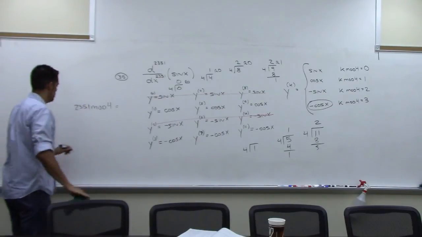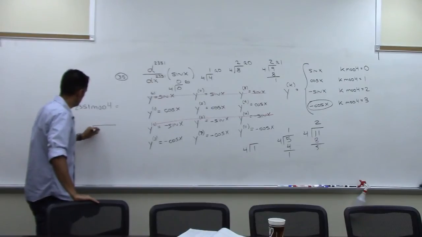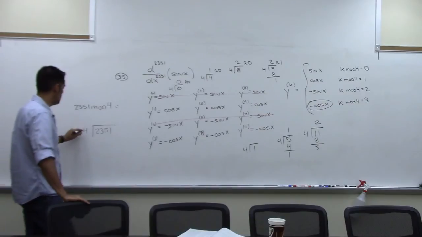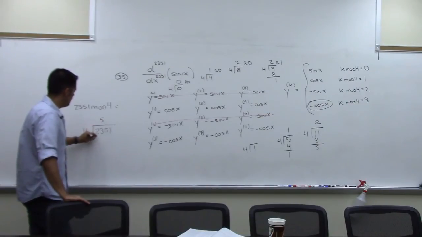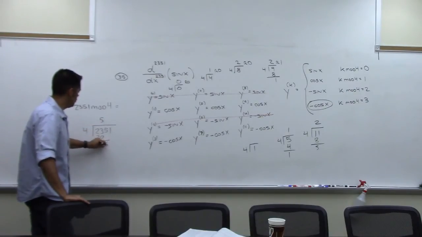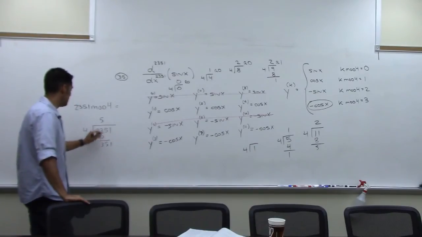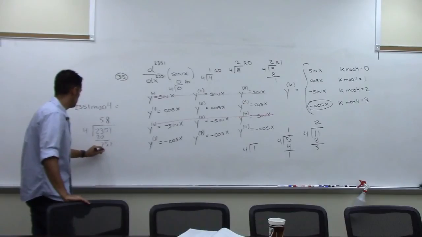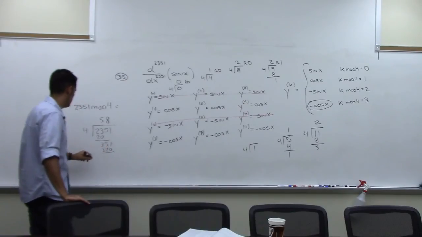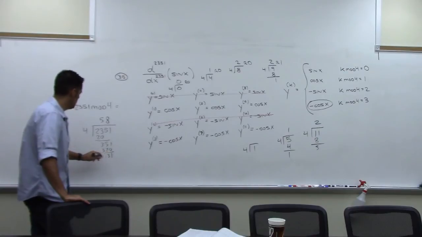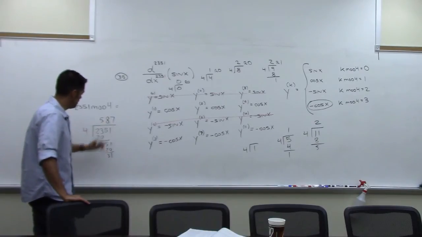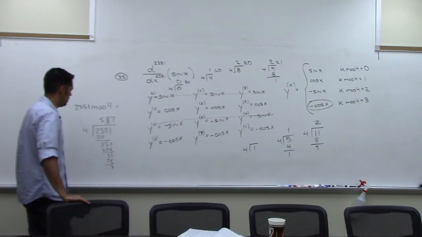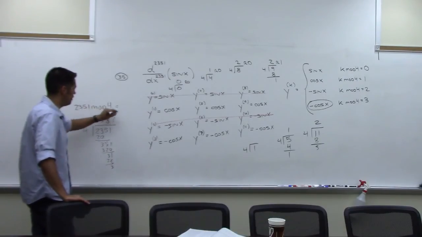So you'd go 2,351 divided by 4, let's see, this can take me a while. I think I'm getting 3 again. 2,351 mod 4 is 3 again.